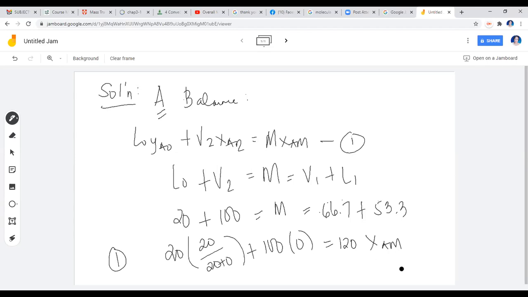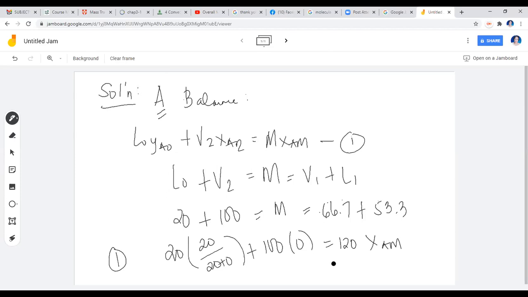Now I will have the M, which we know is 120, and I have XAM. The purpose of finding the XAM is so that later, when you do your solid balance based on A, you already have the XAM. Because if you don't have the XAM, then you cannot solve the other YA1 and XA1 values.